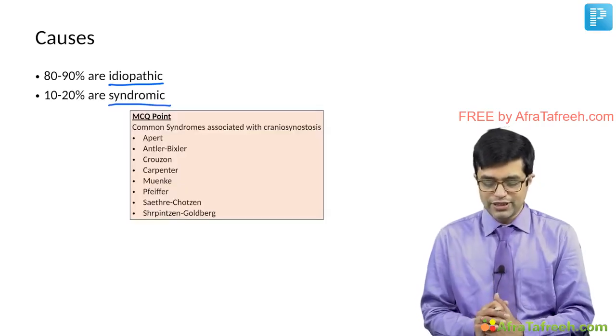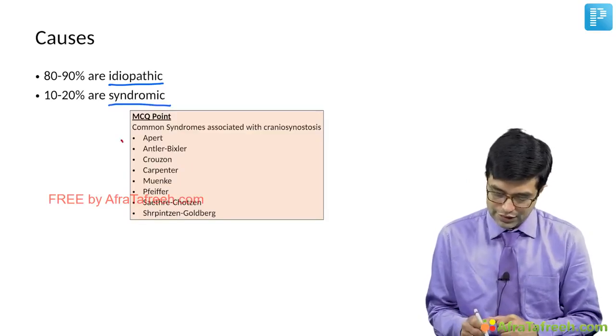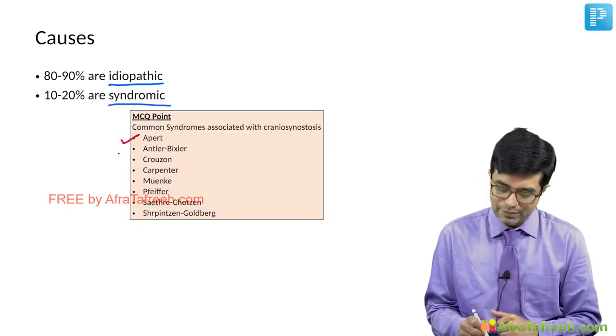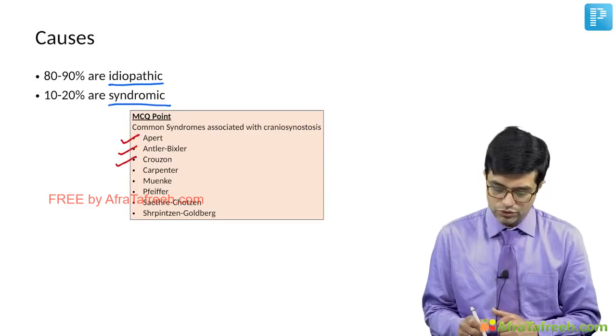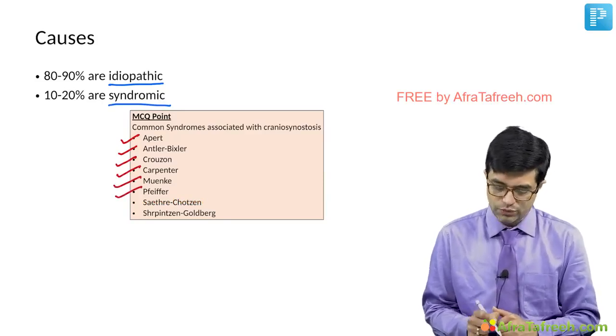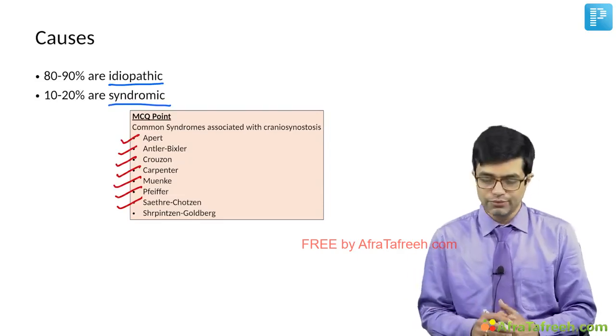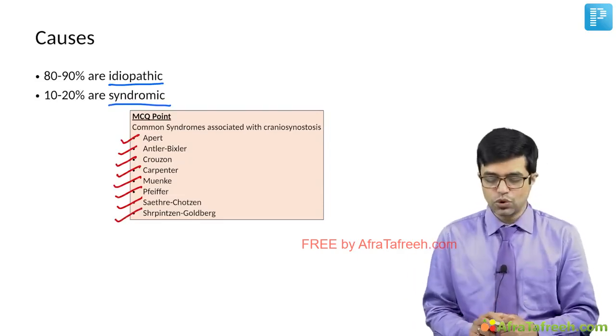These are the common syndromes associated with craniosynostosis. First, Apert syndrome. Then Antley-Bixler syndrome. Third, Crouzon syndrome. Fourth is Carpenter syndrome. Fifth is Muenke syndrome. Next, Pfeiffer syndrome, Saethre-Chotzen syndrome, also called simply Chotzen syndrome, and Shprintzen-Goldberg syndrome.